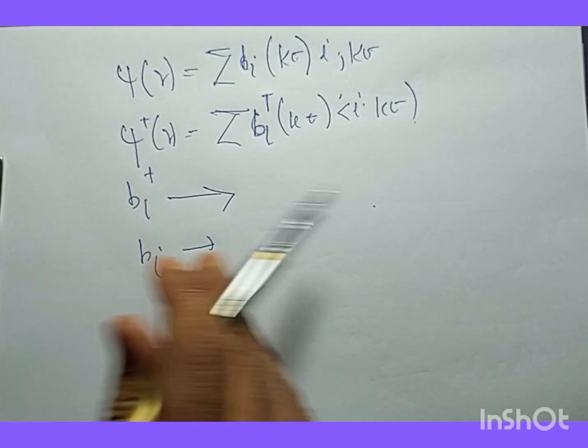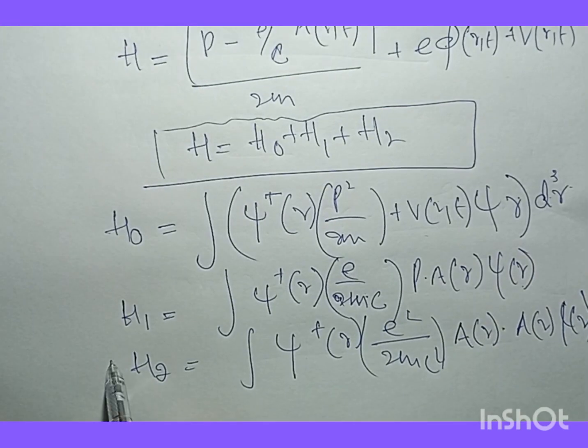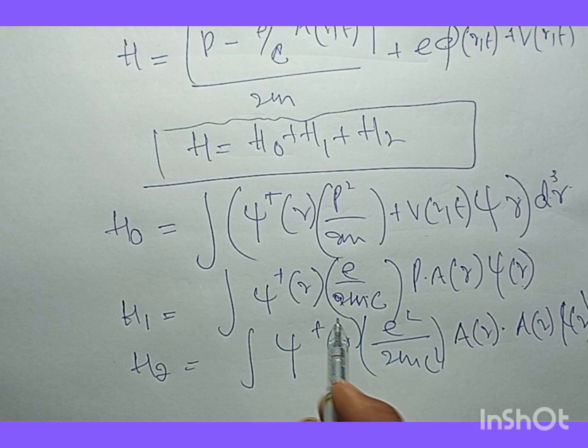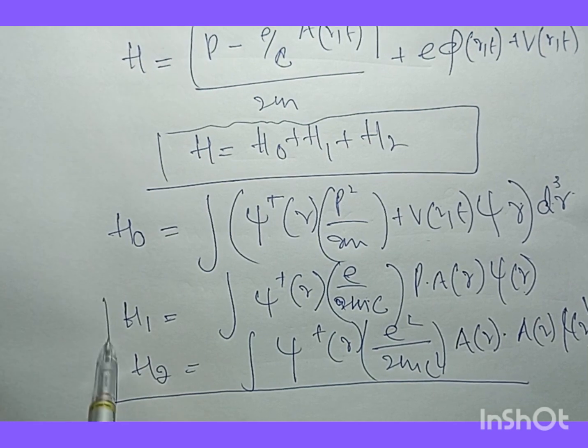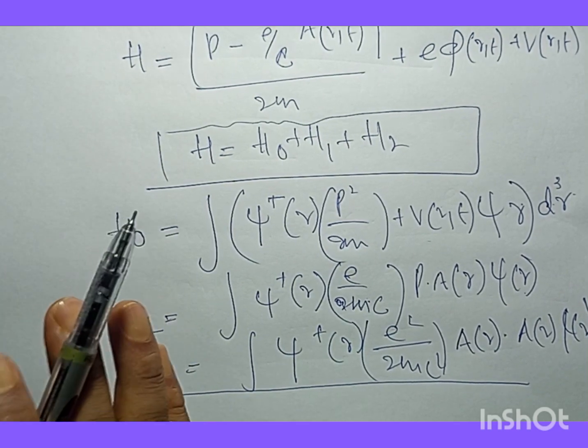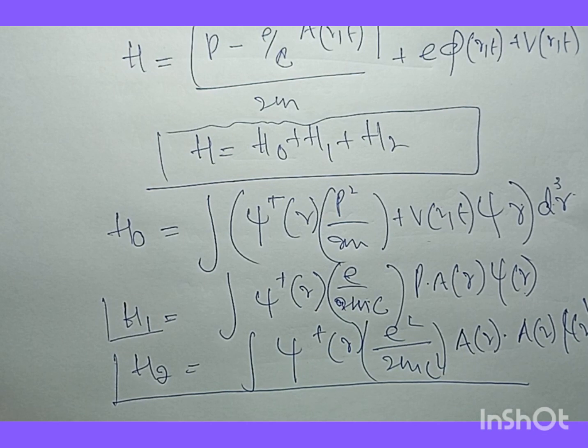This H1 that we have here really plays an important role because it contributes to interband electron scattering, while H2 is the dominant contribution for intraband electron scattering. H1 is linear in photon creation and destruction operators, and its contribution to scattering comes out in second order.